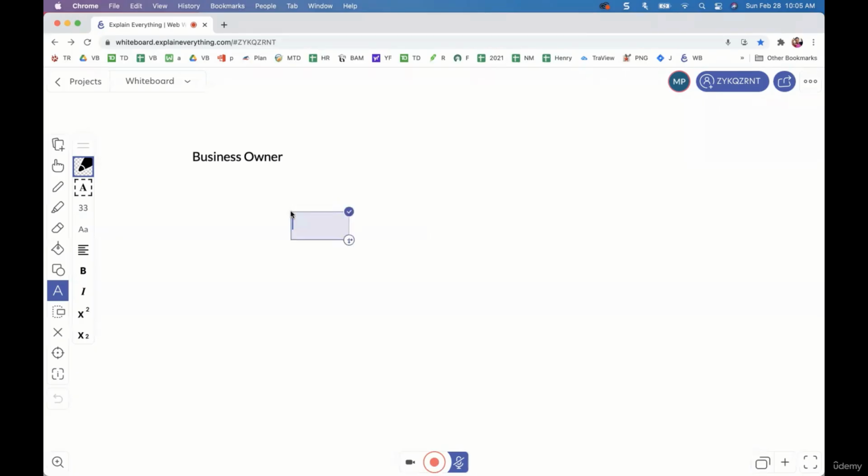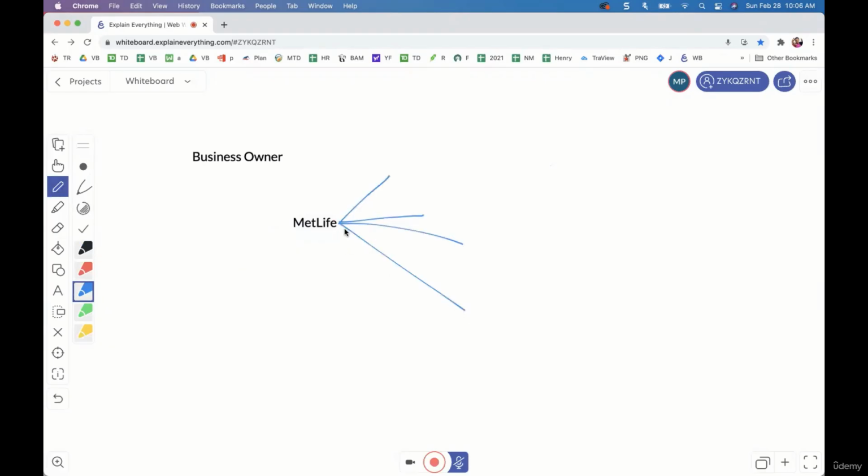So again, I'm going to take the same example we took yesterday of MetLife. And we understood that MetLife has a couple of different products that they're offering.